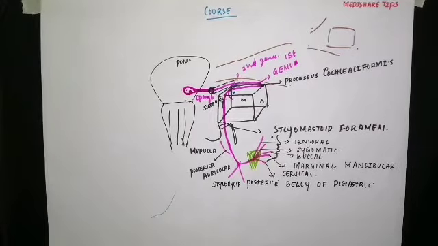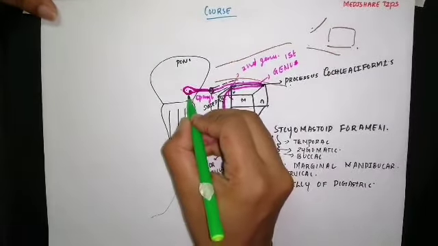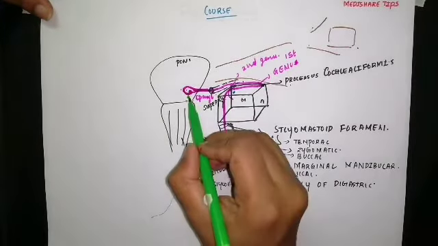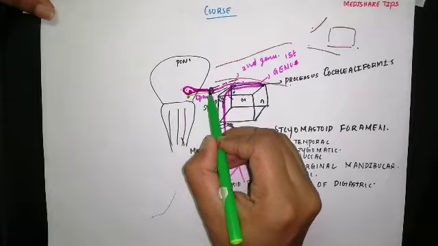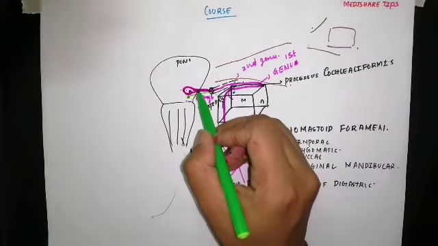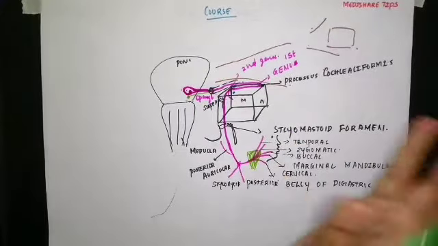So now what happens with the parasympathetic fibers? The parasympathetic fibers arise from the superior salivatory nucleus. It also passes along with the branchiomotor fibers of the facial nerve proper. So these motor nerves are also known as special visceral efferent fibers.